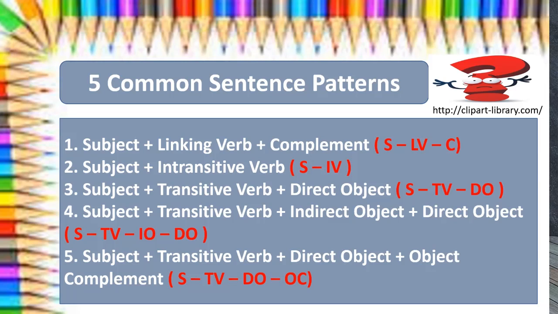Number 4, subject plus transitive verb plus indirect object plus direct object or the STVIODO. And the 5th, we have subject plus transitive verb plus direct object plus object complement, or we call it as STVDOOC.